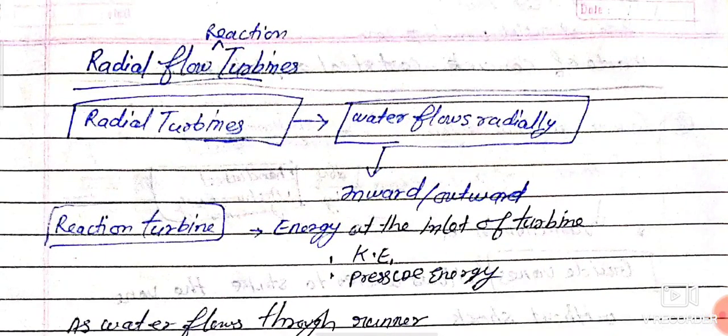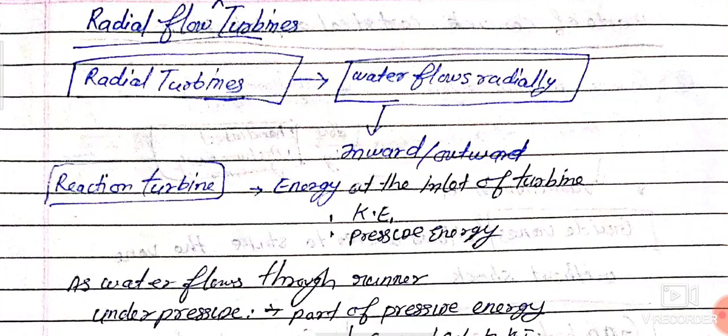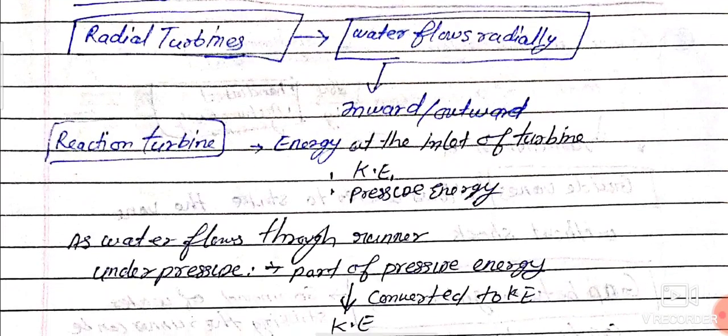Radial flow reaction turbines. This is a radial turbine in which water flows radially, inward or outward. In the reaction turbine, the energy at inlet of the turbine is kinetic energy and pressure energy.